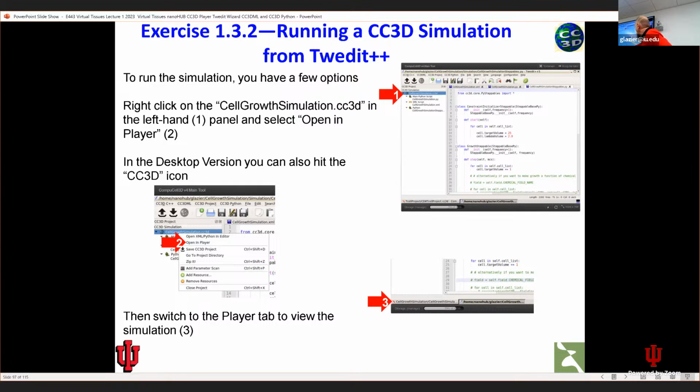If I am in desktop, it will open player directly. If I'm in nanoHUB, I will have to click the tab at the bottom of the X11 that says player. So I'll give everybody a minute to do that.